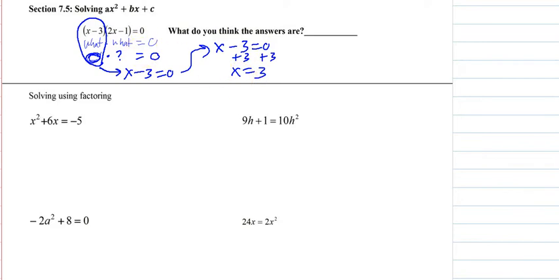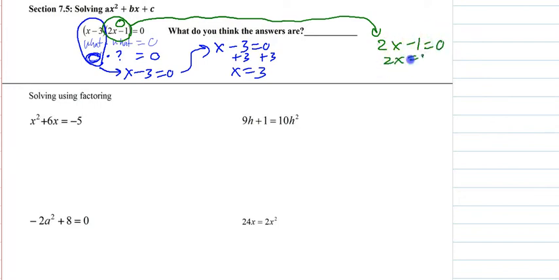But the other situation too is that this could be 0. So if you take that one and you solve it, then you get 1/2. And those are your answers.